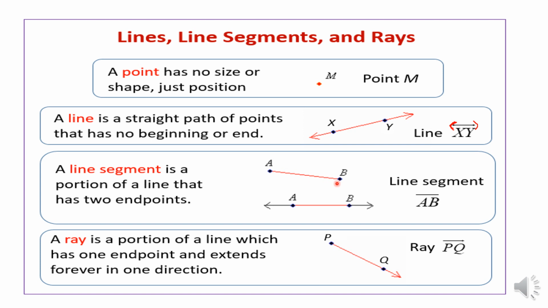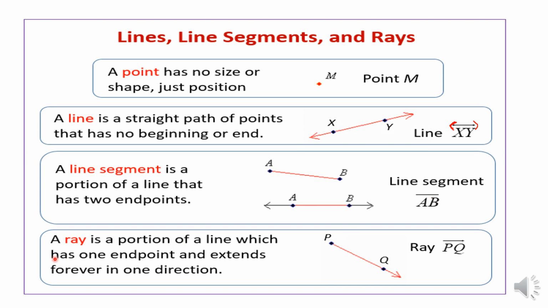And as you can see here, the line segment has two endpoints. This is the first endpoint and this is the second endpoint. So it has a starting point and also an ending point. How will I call it? I will say the line segment AB. And here, as you can see, there are no arrows at both ends. It doesn't contain any arrows.